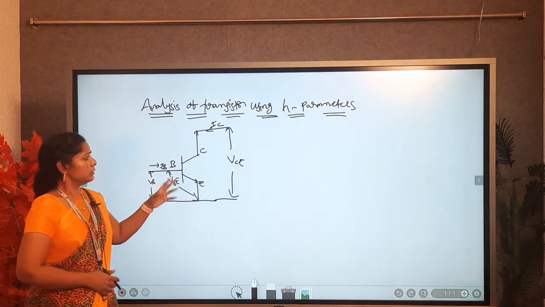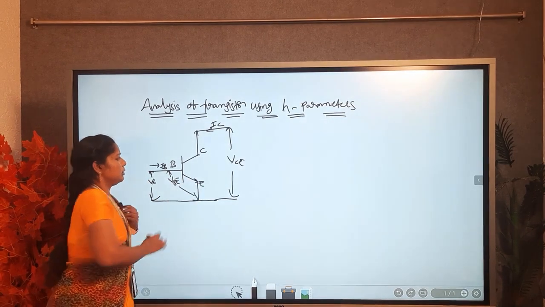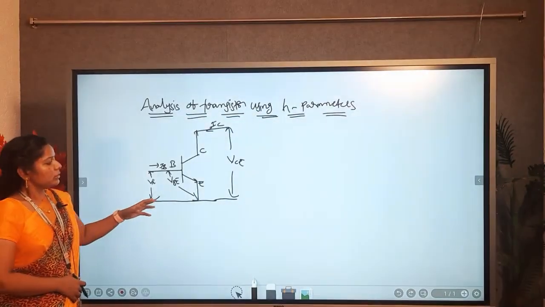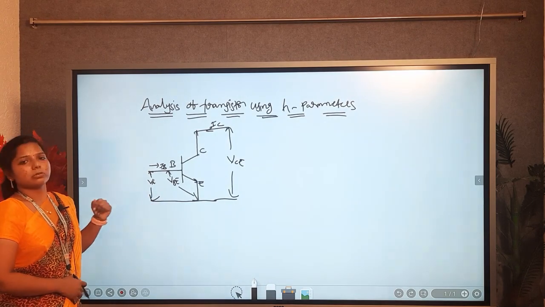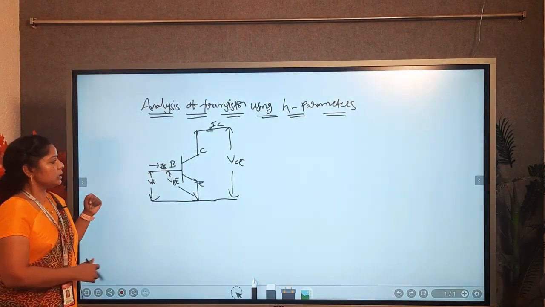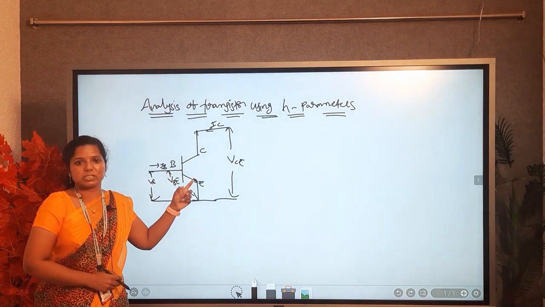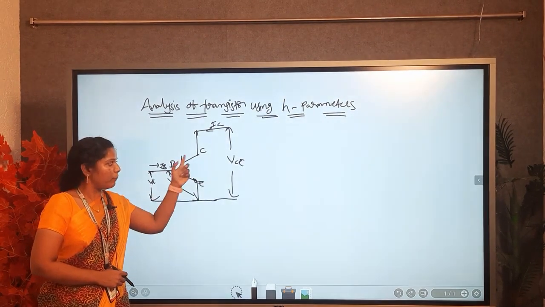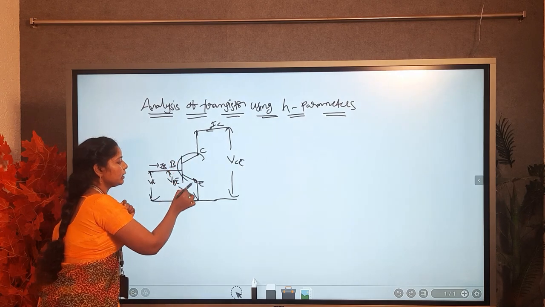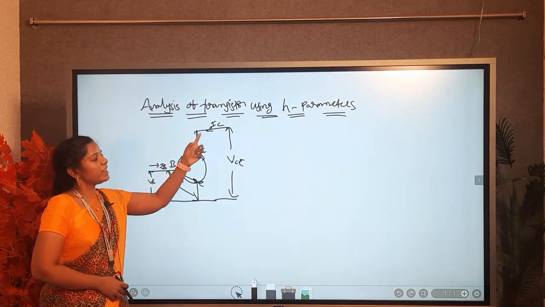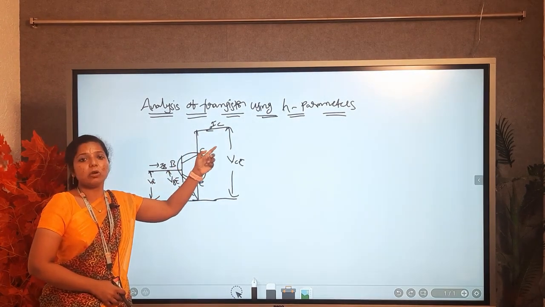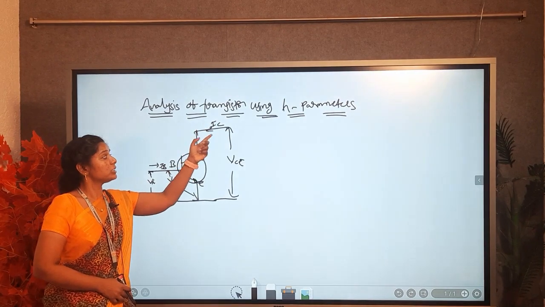In that, the transistor is analyzed. Why? Because of this amplifier, there are variations in the IC. There are more variations in the IC.